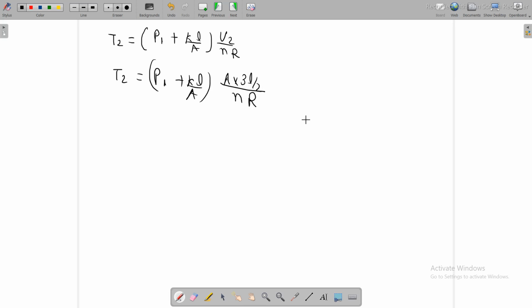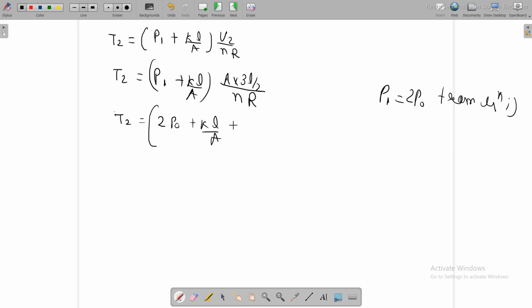And we know from equation 1 that P1 is equal to twice P0. Therefore T2 is equal to twice P0 plus KL by A, into 3 by 2 AL upon nR.